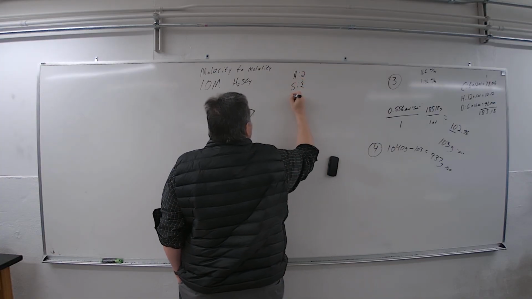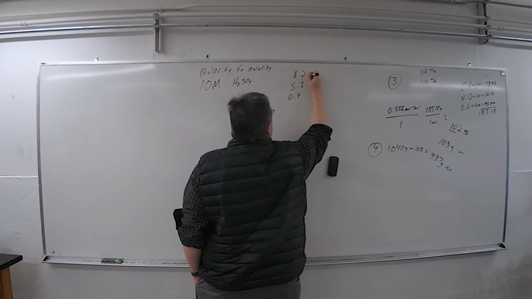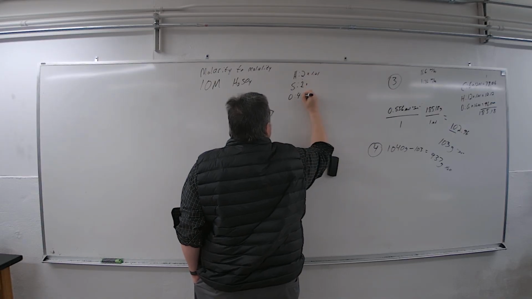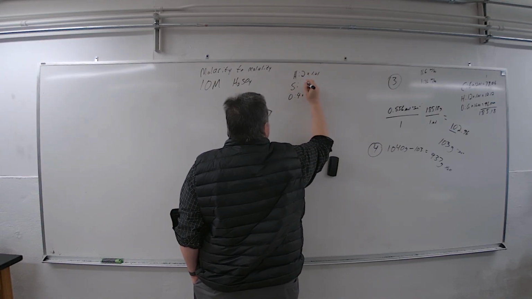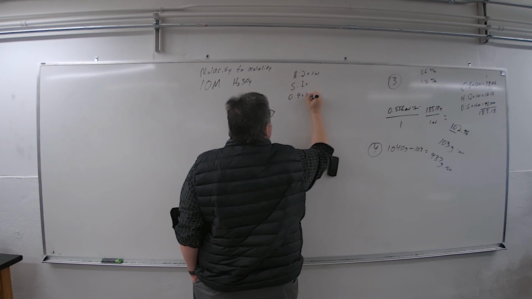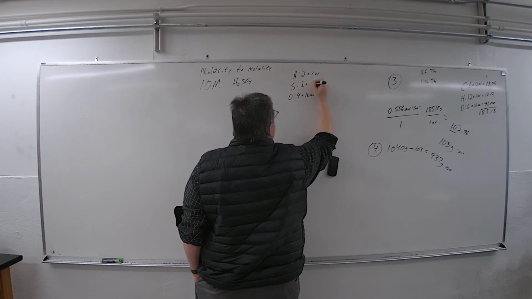S, there's 1. O, there's 4. Anybody got their periodic table? What is sulfur? 32.07.